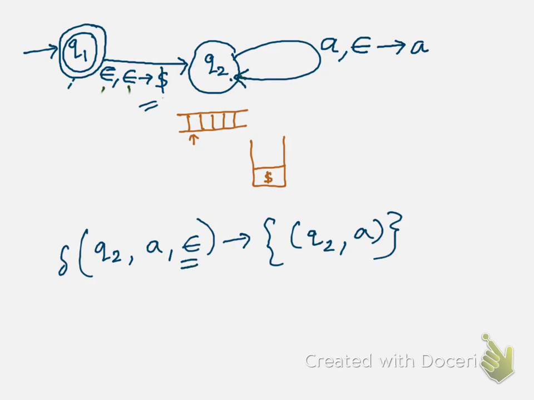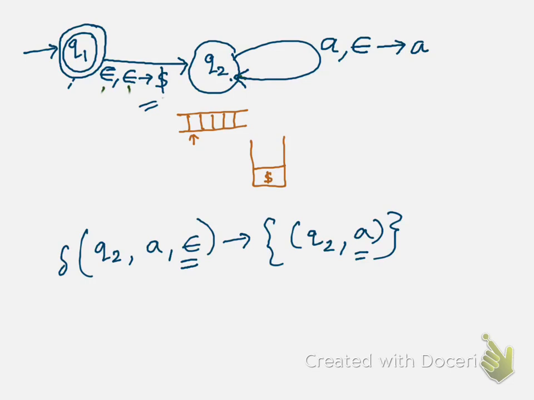You are going to pop epsilon and push A, which only means that you are going to push A. And see here I haven't changed state. I am trying to minimize my number of states, keep my states to minimum.